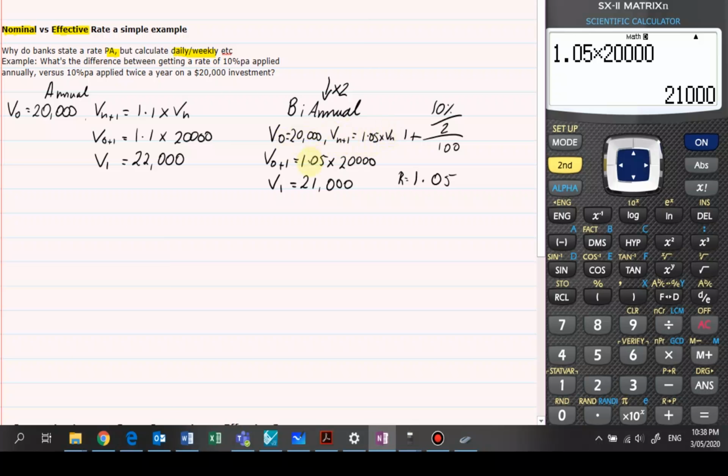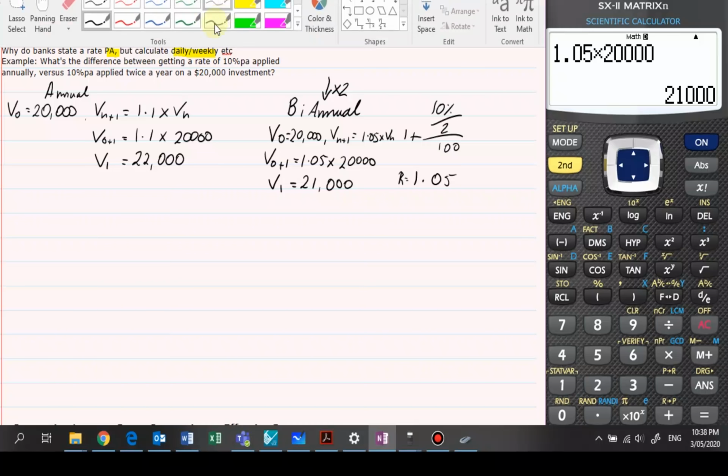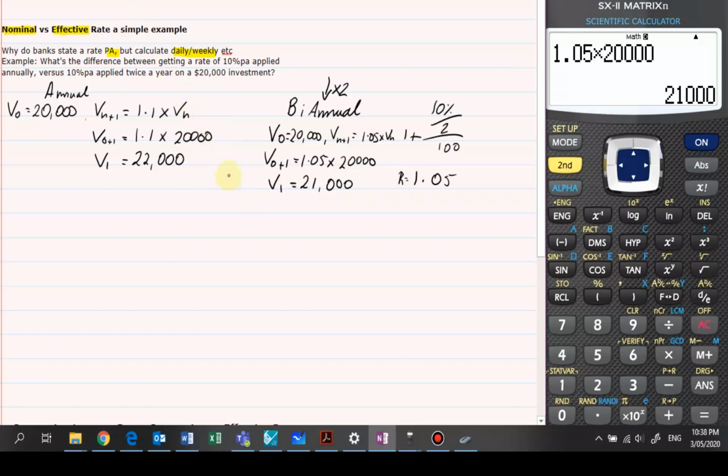Now we have to remember that that's V1 in this circumstance. Every time N is applied, that's 6 months. So this here is currently equal to 6 months. So to get the same time period, 1 year, we need to do it again. Now we want V1 plus 1 to get our V2.